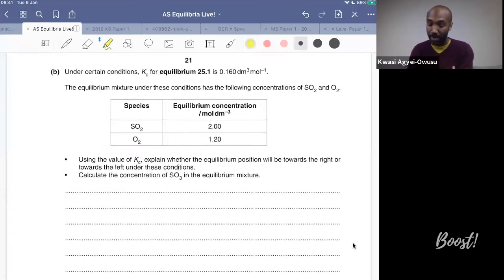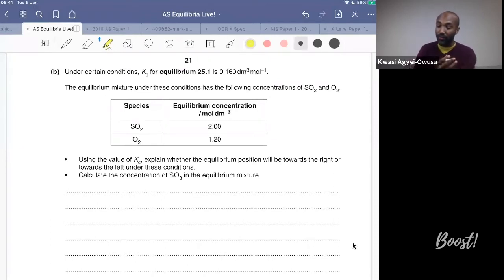Okay, so in part B of question 25, we're told that under certain conditions, Kc for the equilibrium is 0.160 dm³ per mole. Now the equilibrium mixture under these conditions has the following concentrations of sulfur dioxide and oxygen. You've got 2 moles per dm³ of sulfur dioxide, and you've got 1.2 moles per dm³ of oxygen.